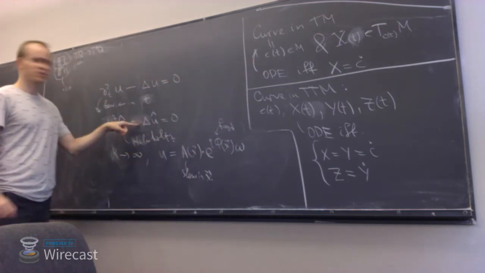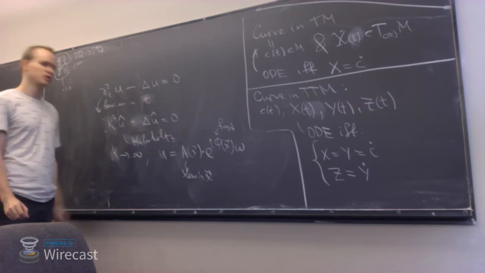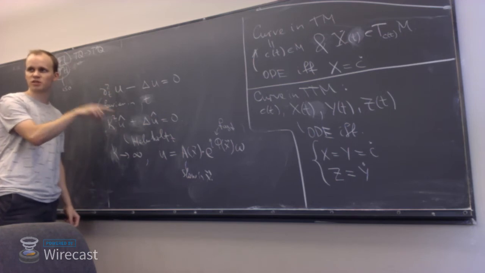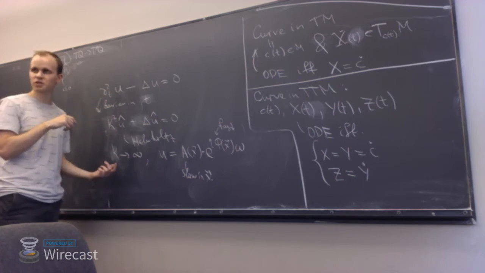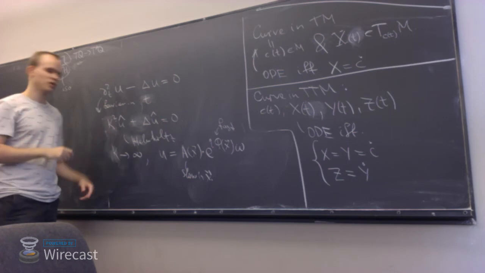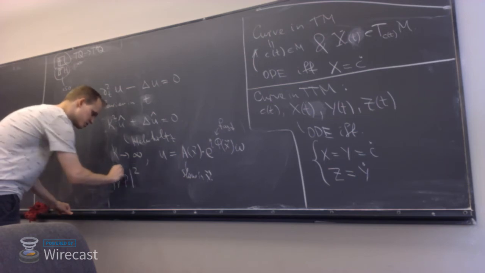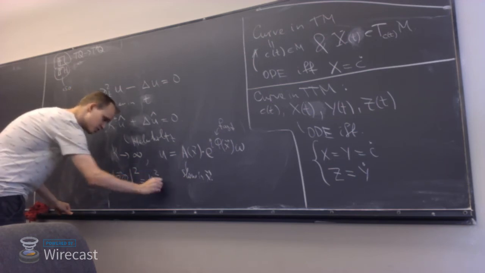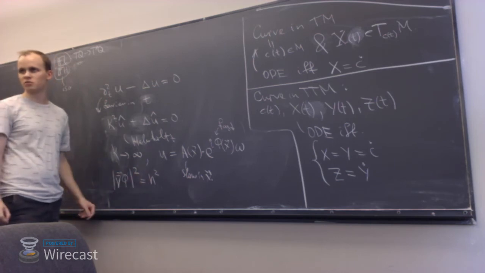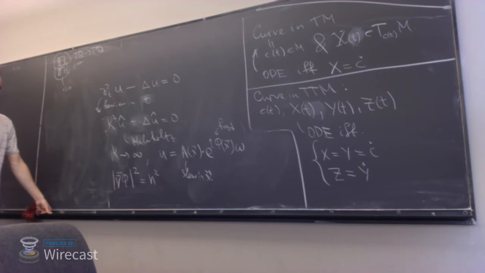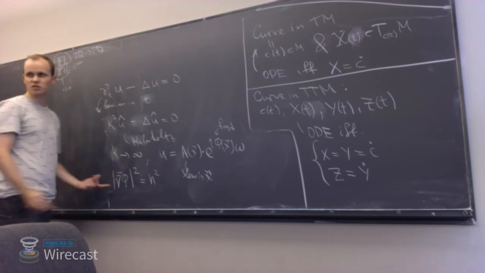You plug this in, and you select the leading order terms in omega or k, the k squared terms, and the equation that you get is the absolute value of nabla phi squared equals n squared. This is the refraction index. And this is called the Eikonal equation.